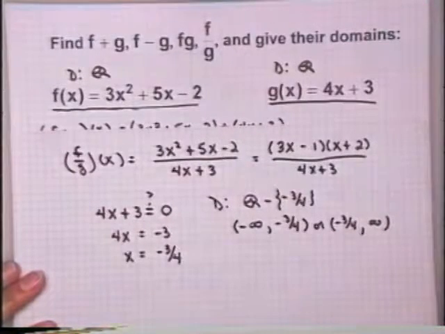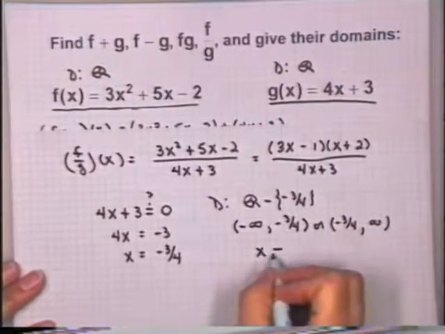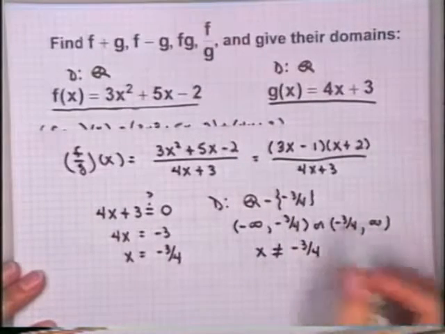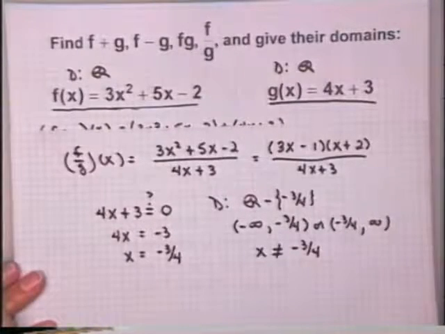So that would be writing the domain with interval notation. Another popular way of saying the domain is simply to say x cannot be negative 3/4. So this is 3 different ways that you could indicate the domain of this quotient function.